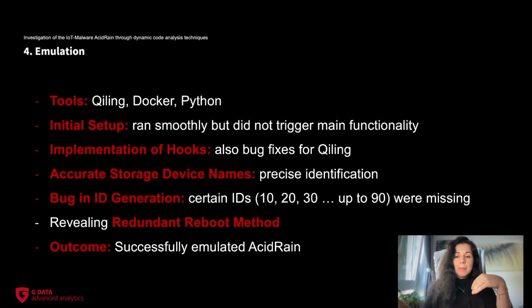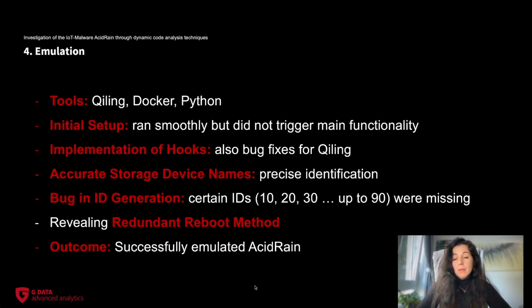We needed to implement hooks for it. Qiling had a bug, so it's not so easy to emulate a malware, an IoT malware. You need to put a bit of effort into it. But when you did it, because you wrote a script, you can always run this emulation.